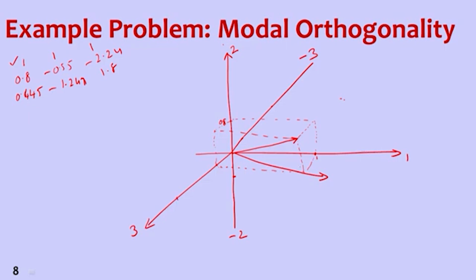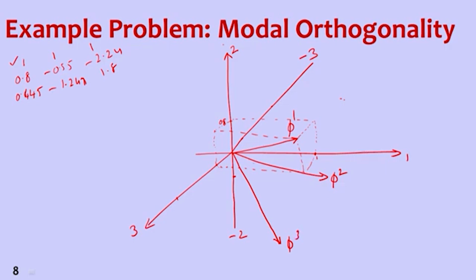So we go 1, then down, and then come on this side. So this is phi 1, this is phi 2, this is phi 3.